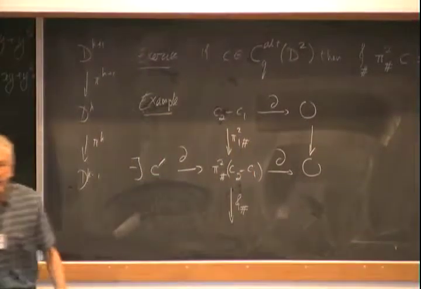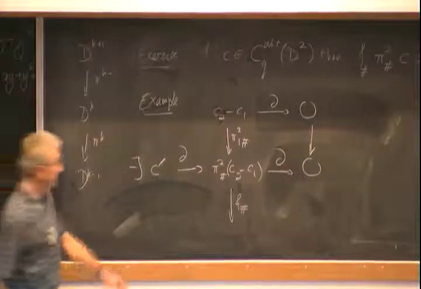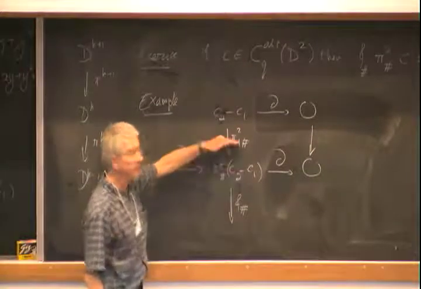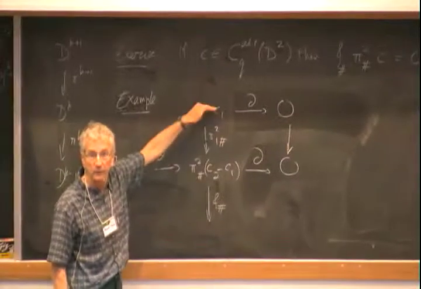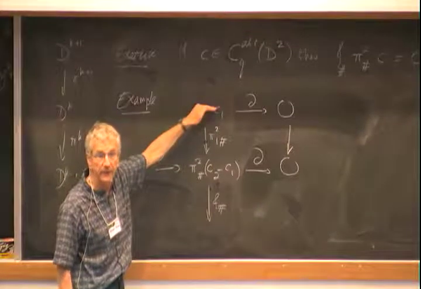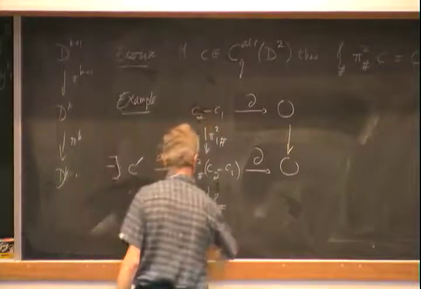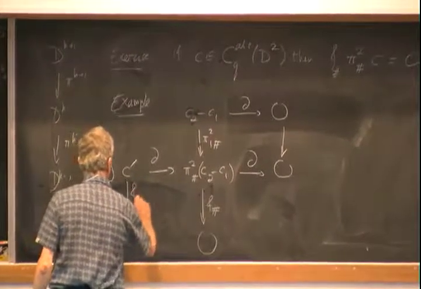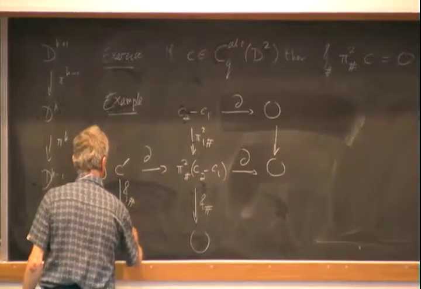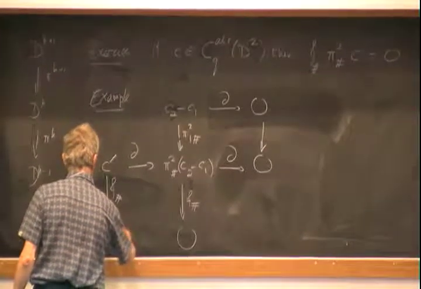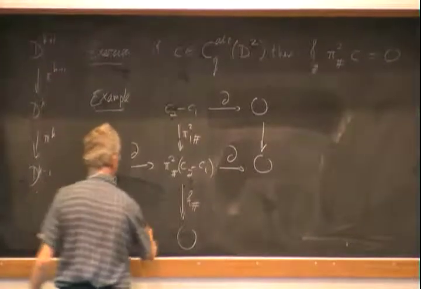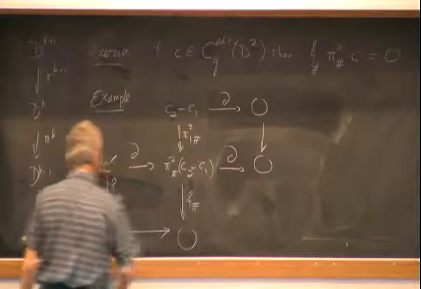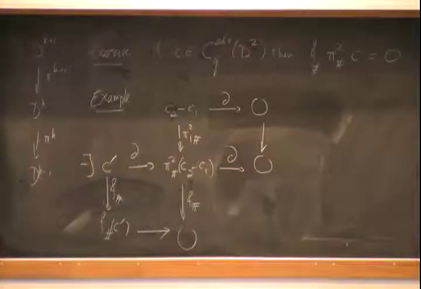That exercise up there said that if I apply F lower sharp after pi 2 1 lower sharp to an alternating Q chain, I get 0. So this gives 0. And now, if I apply F lower sharp here, I get F lower sharp of this C prime, and that must map to 0.